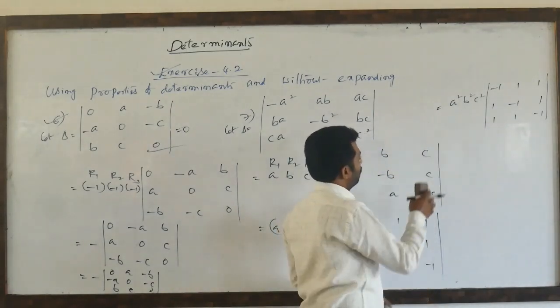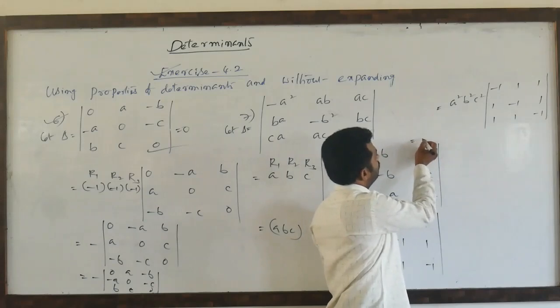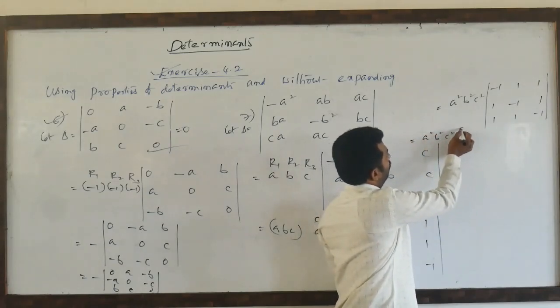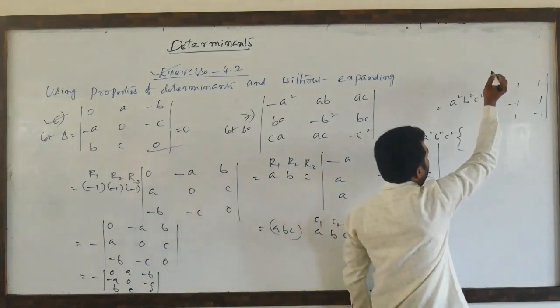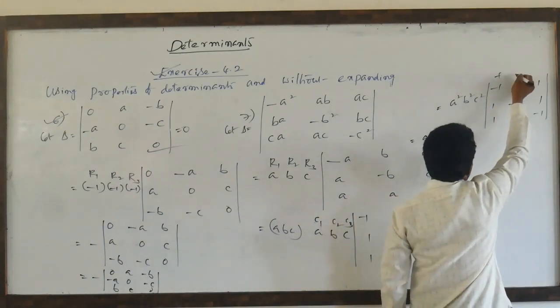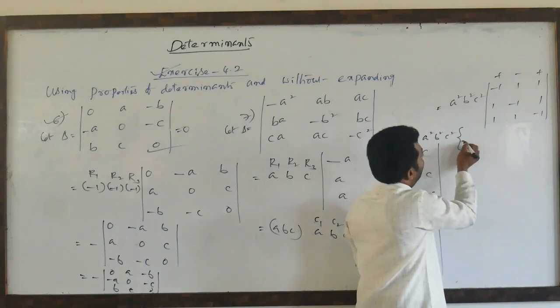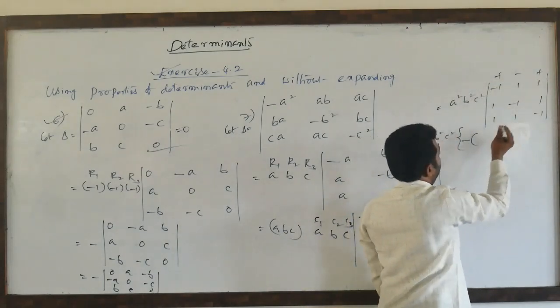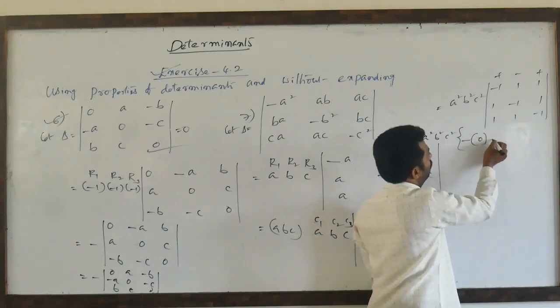If you want to answer, this is a square, b square, c square. You observe, expanding around the first row: plus minus 1 into, you close this row and this column, minus 1 minus 1, which is 0.